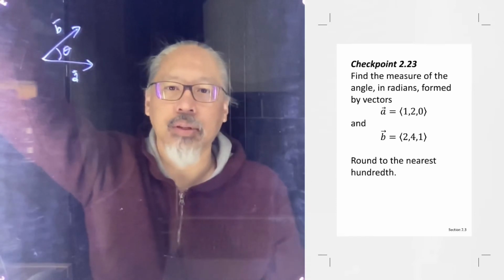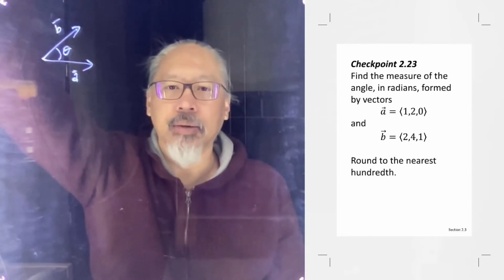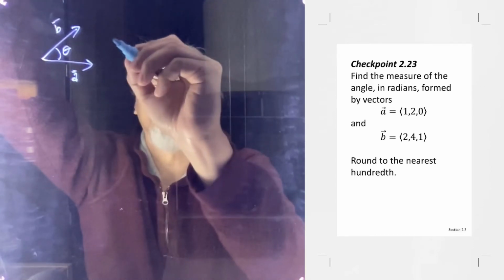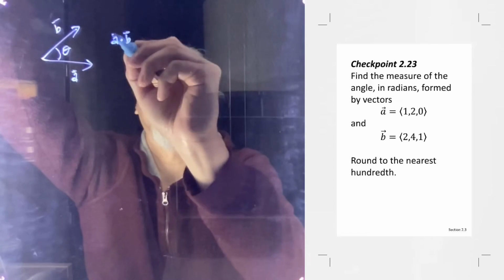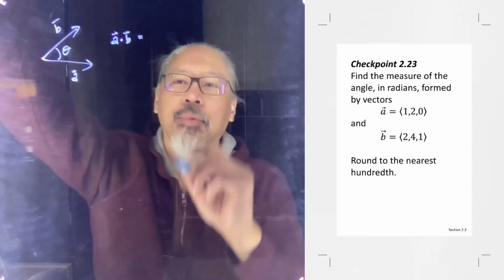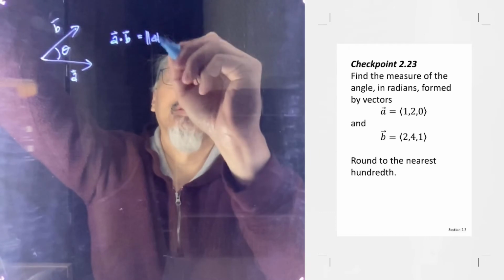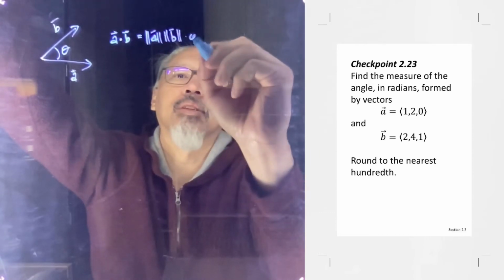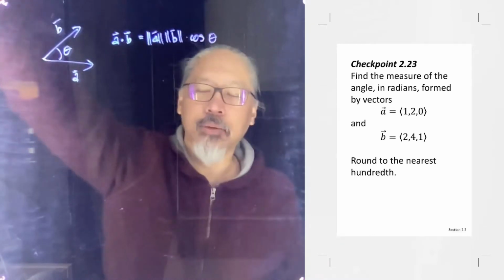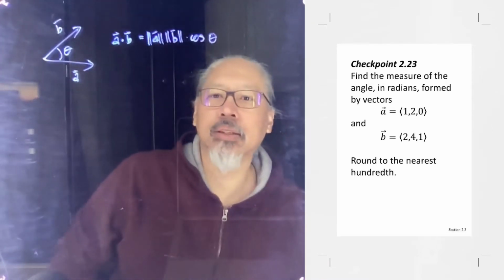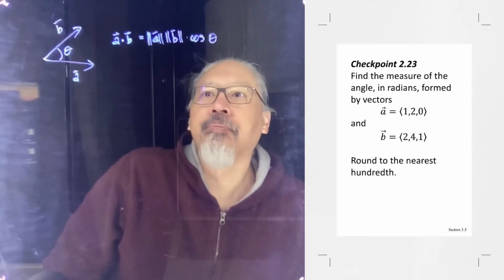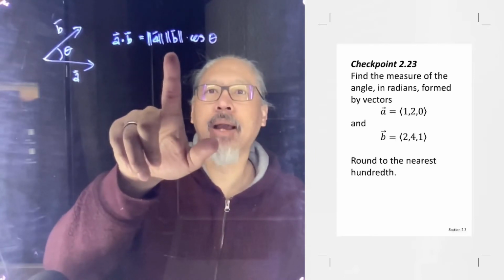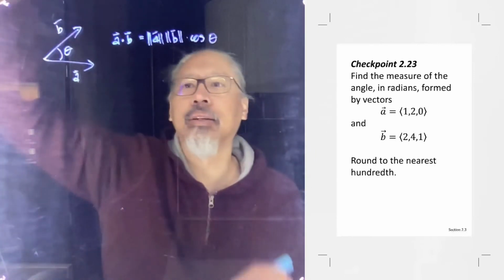We're going to use the formula for the dot product in terms of the angle: the dot product is equal to the magnitude of each of those vectors times the cosine of the angle between them, if the angle is theta. Now, for solving for theta, we would divide out by the magnitudes and take the arc cosine.